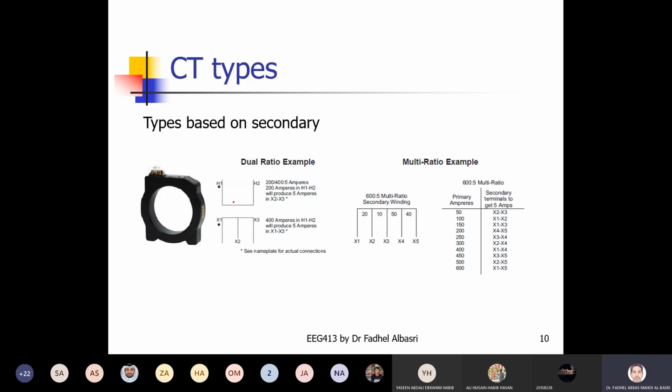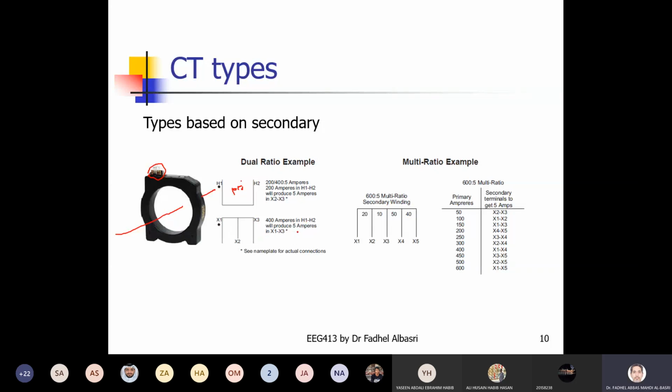So for example, in this CT, this is the primary winding. Primary is just you pass a cable through this core, through this window. And the secondary, you take it from here. The secondary here has two ratios. I can take between X1 and X2 or between X1 and X3.